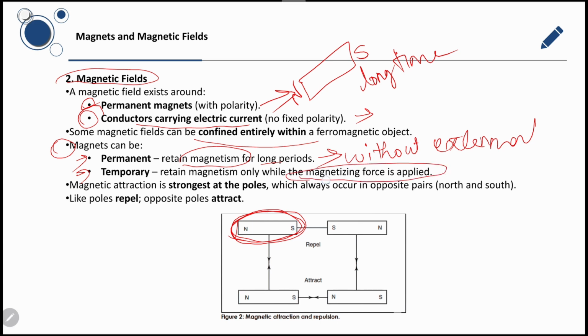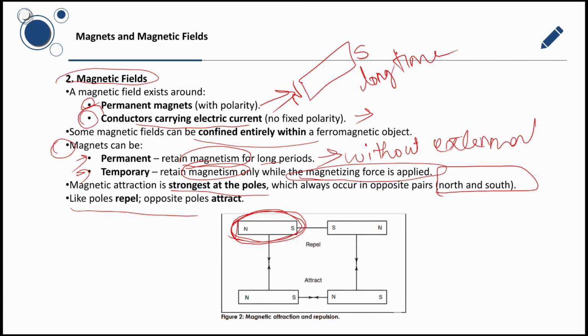When we apply the magnetic force, they are magnetized. This is a temporary magnet. The next one is poles and forces. Magnetic attraction is strongest at the two poles, north and south. Like poles repel and opposite poles attract.